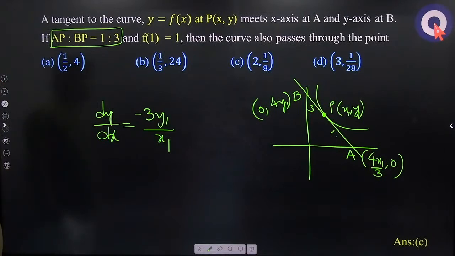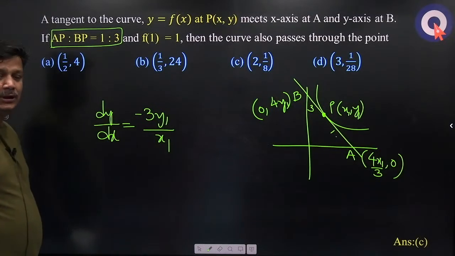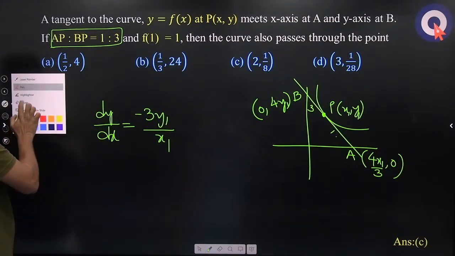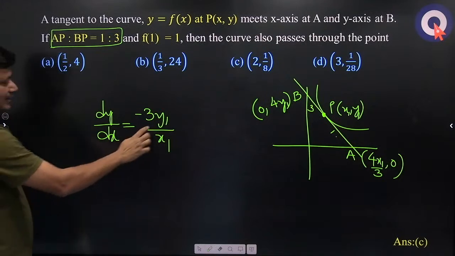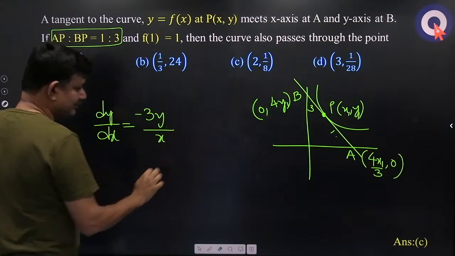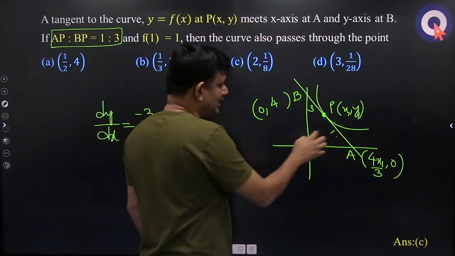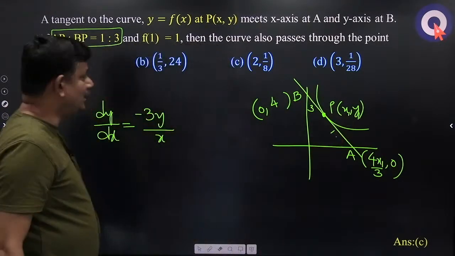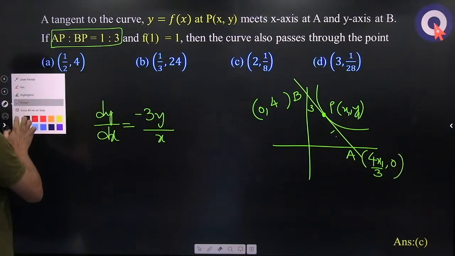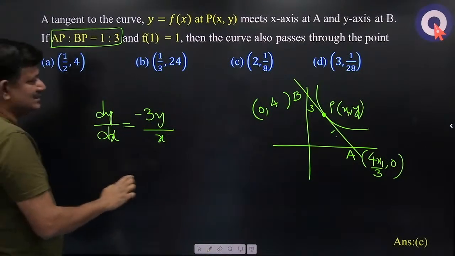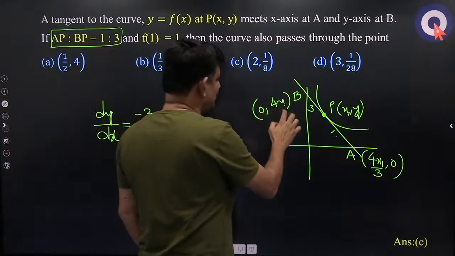So this question got converted into your differential equation. Because I am not writing any line equation, instead of x1 comma y1, I can also call them x and y. Had I had to write a line equation, then it would be preferred to write x1 comma y1, but I don't think it is necessary here. We are not writing any line equation.